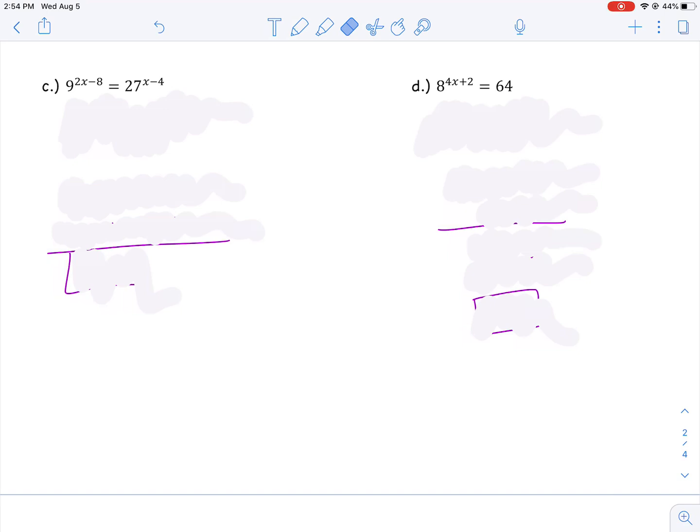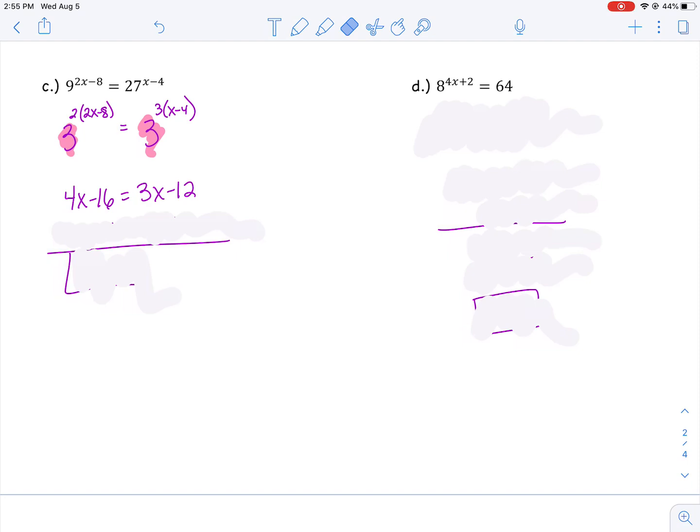All right, for part C, I noticed that my bases were 9 and 27. And I know that 9 can break down into 3 and 3, so I'm going to say 3 squared is the same thing as 9. And I know that 27 is the same thing as 3 cubed. Now that I have my bases equal, I should be able to set the exponents equal. So I have a 2 times 2x and a 2 times negative 8.